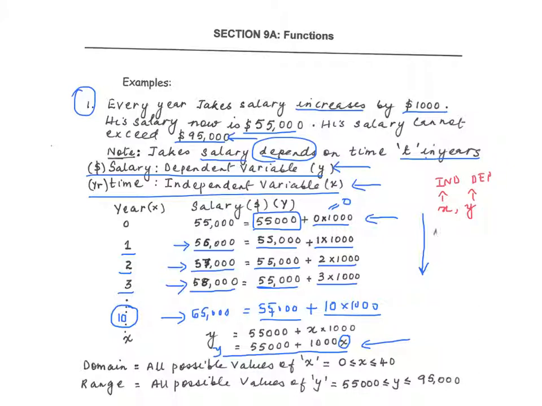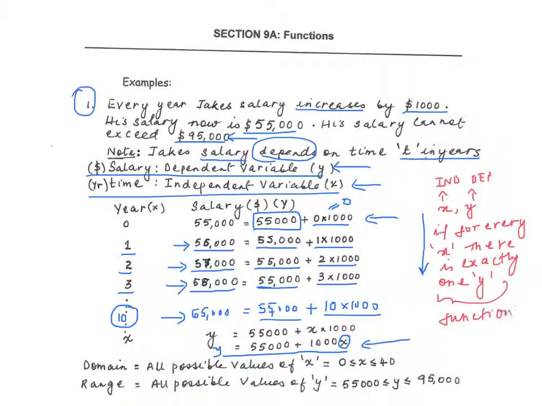It's a function if for every x there is exactly one y. So if for every x there is exactly one y, then we say that it is a function.